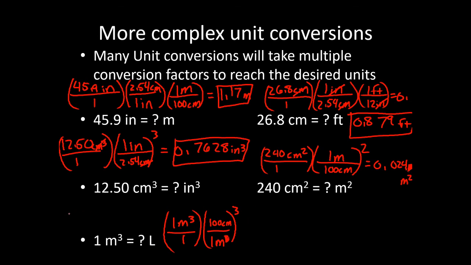A conversion factor that you should know going forward in the class, not necessarily that you should have known it yet, but 1 centimeter cubed is actually the same as 1 milliliter. And so we can just go ahead and plug that in here. 1 centimeter cubed is the same as 1 milliliter. And that will get us to our liters, because we know that there are 1,000 milliliters in 1 liter. Since a milli of anything is just 1,000th of that thing, 1,000 milliliters is the same as 1 liter.